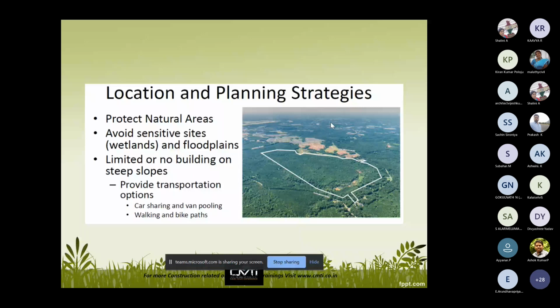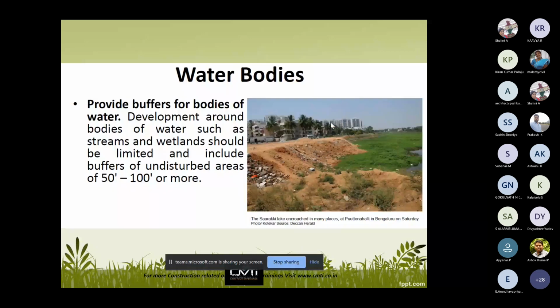Water bodies, this we spoke, the landfill should be avoided, these kinds of things. And you have to construct your building away from the water bodies, and you have to follow all the rules. You could have recently read about a lot of demolitions, one being the Maradu flats in Kerala, which happened because of the violation of bylaws only; the Supreme Court told them to demolish.